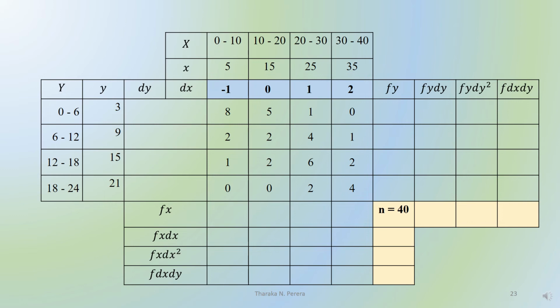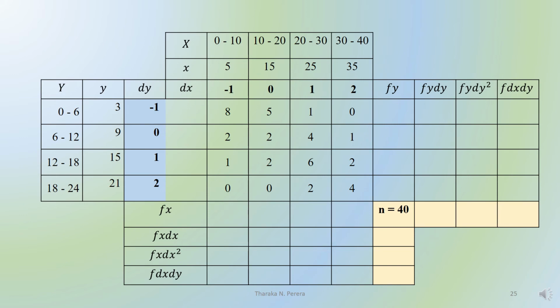And then we have to consider the dy column. Here also we have to assume a mean for y and put 0 against that assumed mean, then get the coding deviation value.